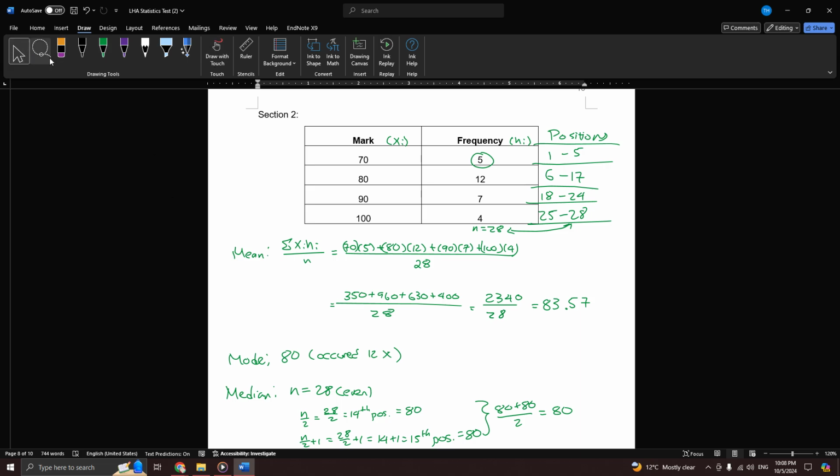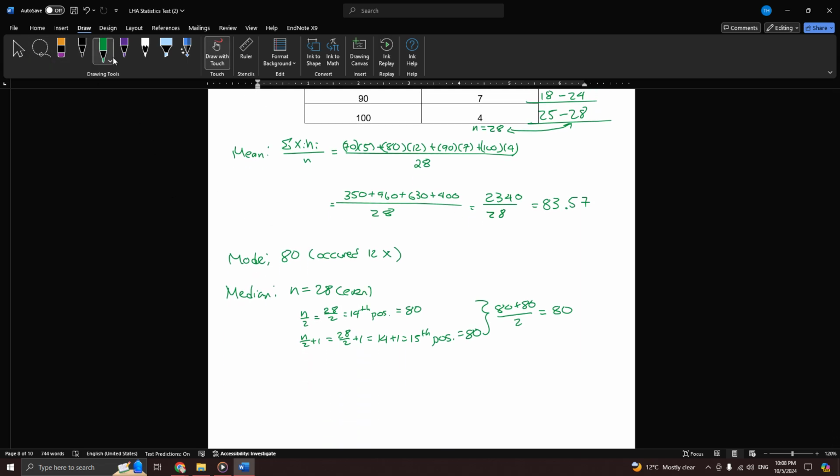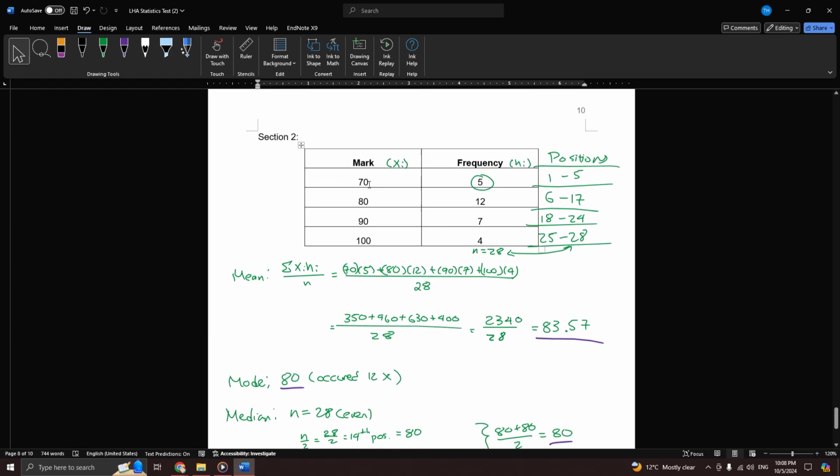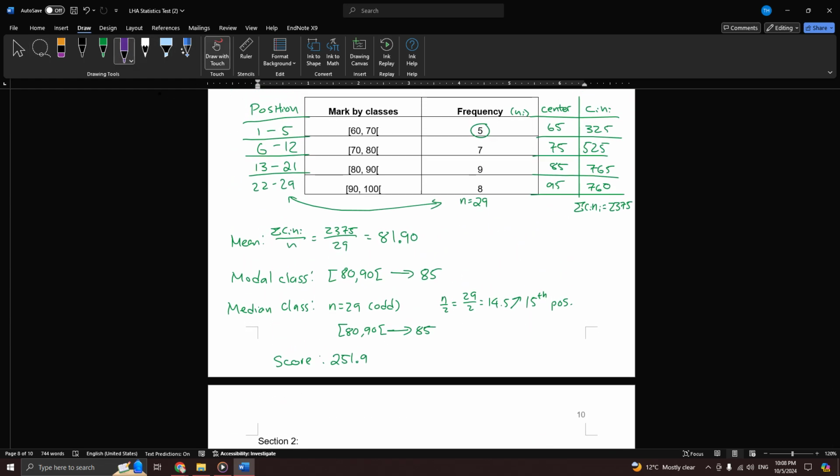So the score for section 2 is going to be 83.57 plus 80 plus 80. Okay, it's going to be these three numbers here. So 83.57 plus 80 plus 80, that's 243.57. So let's look back up here, right, when we added these three numbers together.